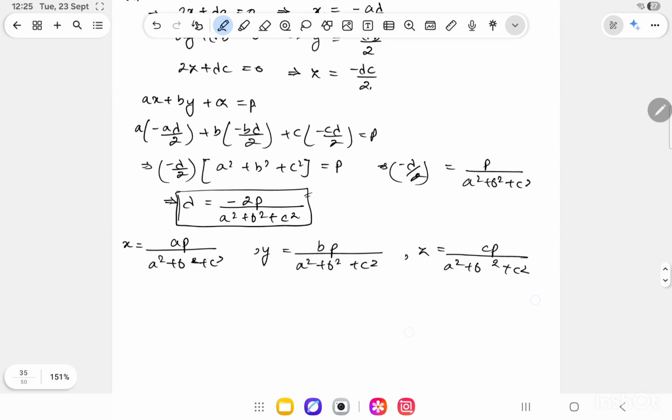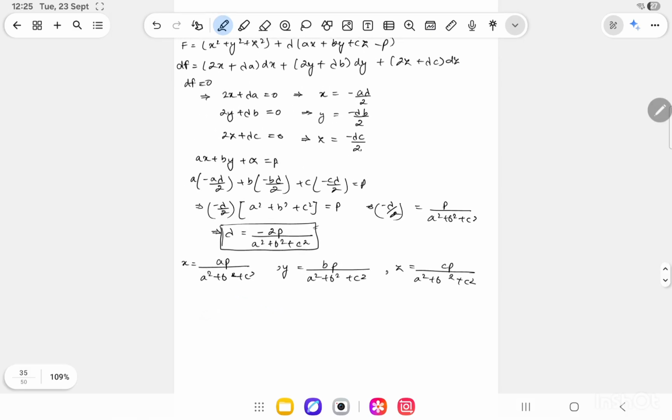So this is basically the point where the function attains critical values.